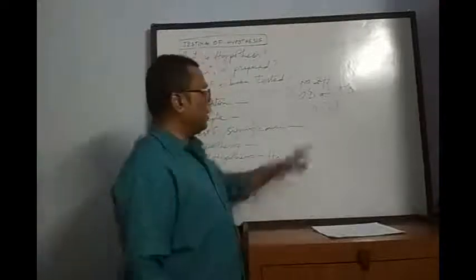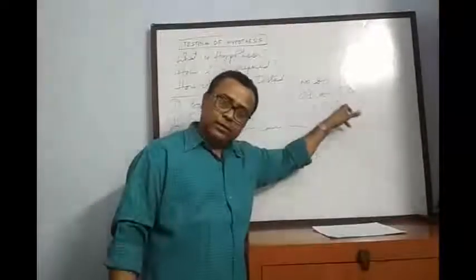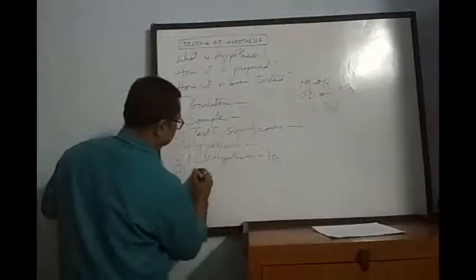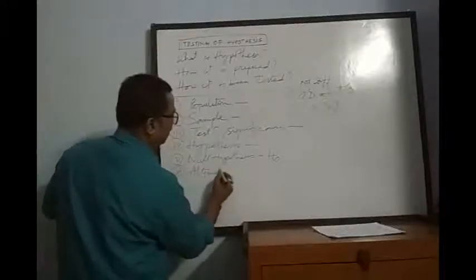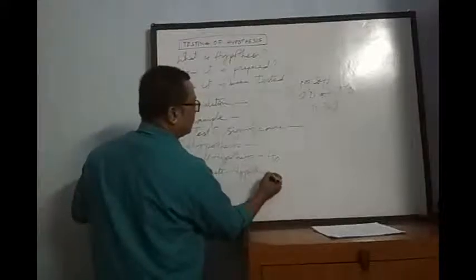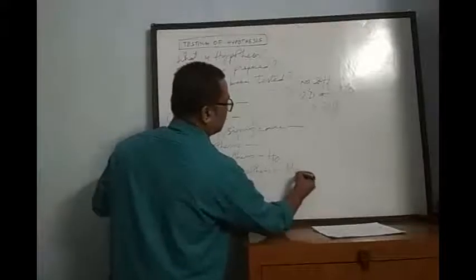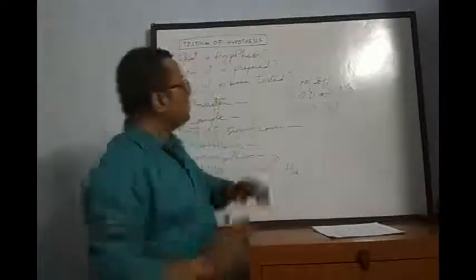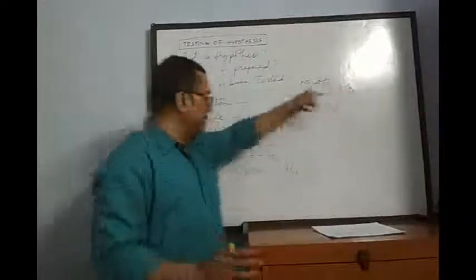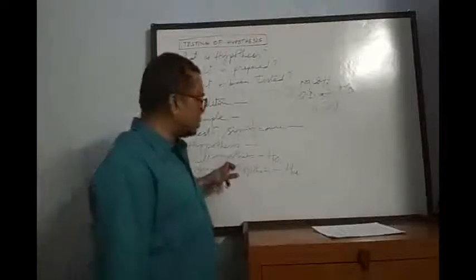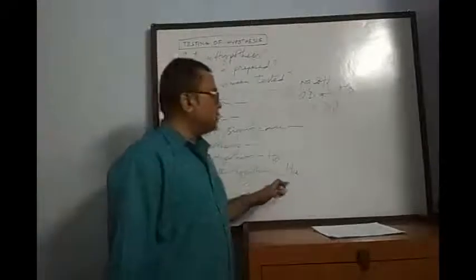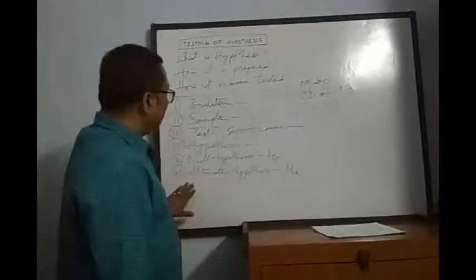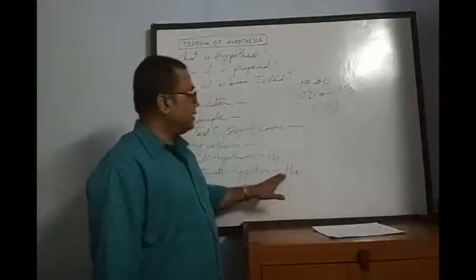In the contrary, when there is a difference between observed data and theoretical data, then it will be known as alternate hypothesis. So, in short, when there is no difference, that is null hypothesis, H0. And when there is a difference, it is alternate hypothesis, which is written as HA.